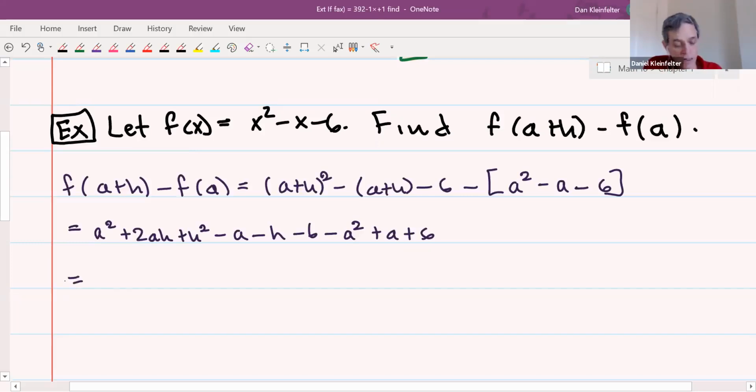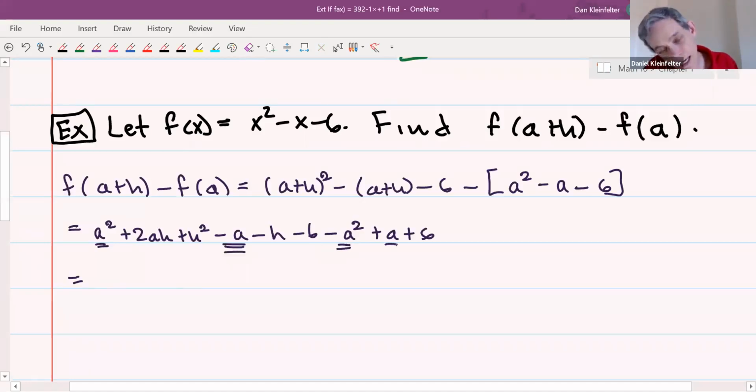Okay, let me go through and combine like terms now. a squared, 2ah, and, well, let me go back up. I can see that there's 2 of those a squareds, right? So a squared and this minus a squared are going to add up to 0. So that's nice. And that happens again right here.